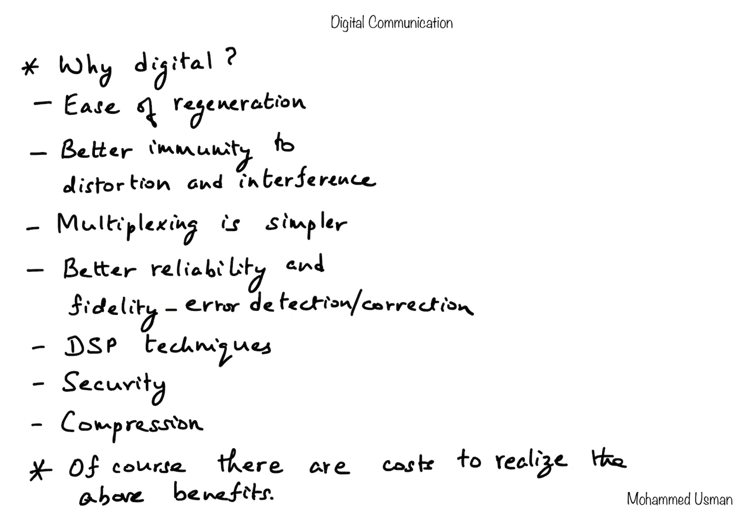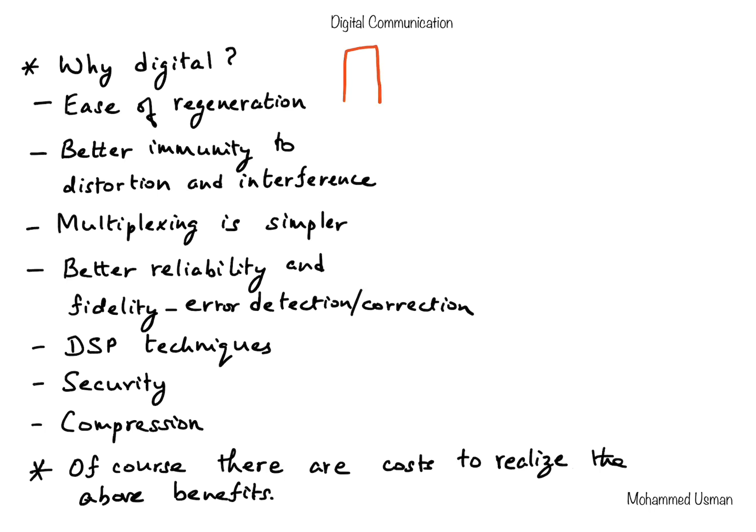So we'll discuss that. The first advantage of going digital is what is called the ease of regeneration. What do we mean by that? The ease of regeneration means that if we have, say, a rectangular pulse that is transmitted, and this pulse is propagating through a communication channel, a couple of main effects happen.